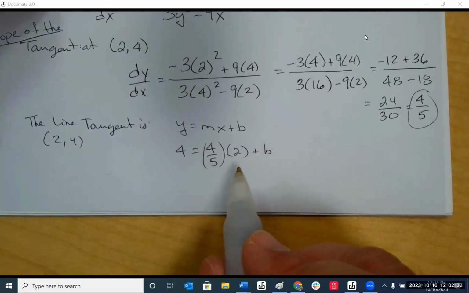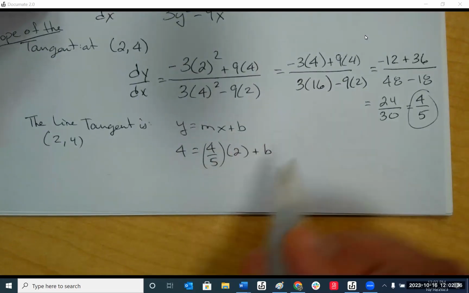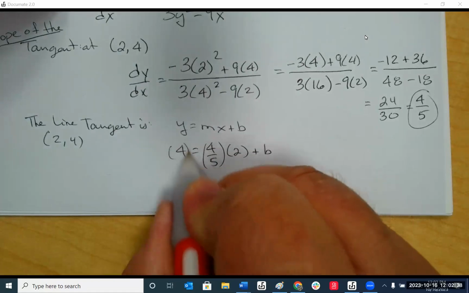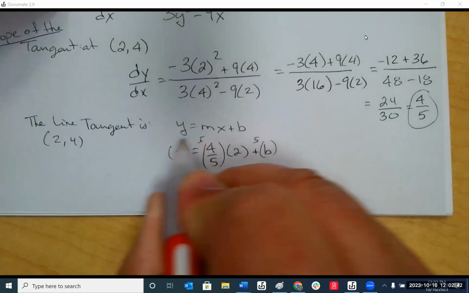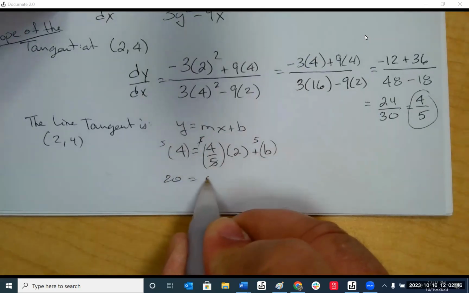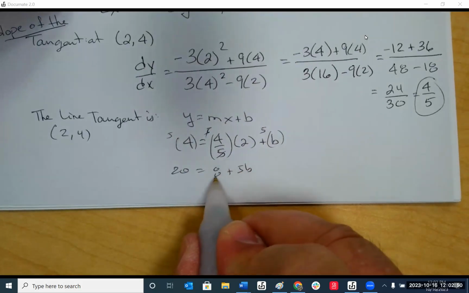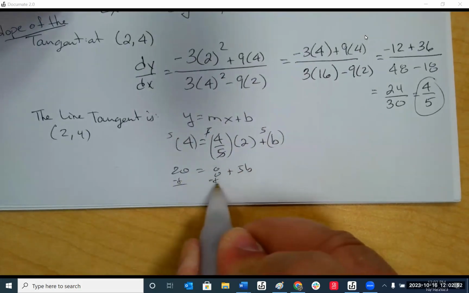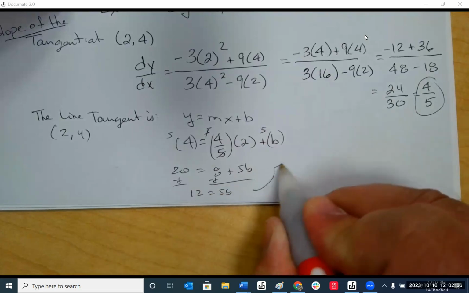I like to get rid of the fractions, so I'm going to multiply everybody by 5. 20 equals 8 plus 5b. Subtract 8, we get 12 equals 5b.